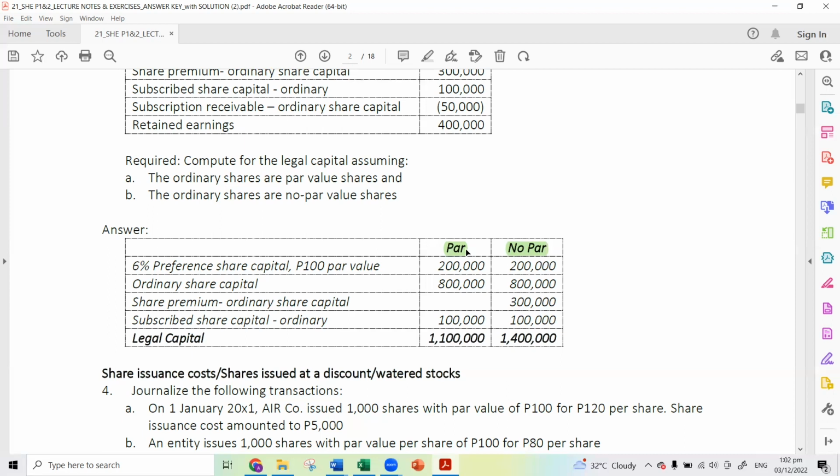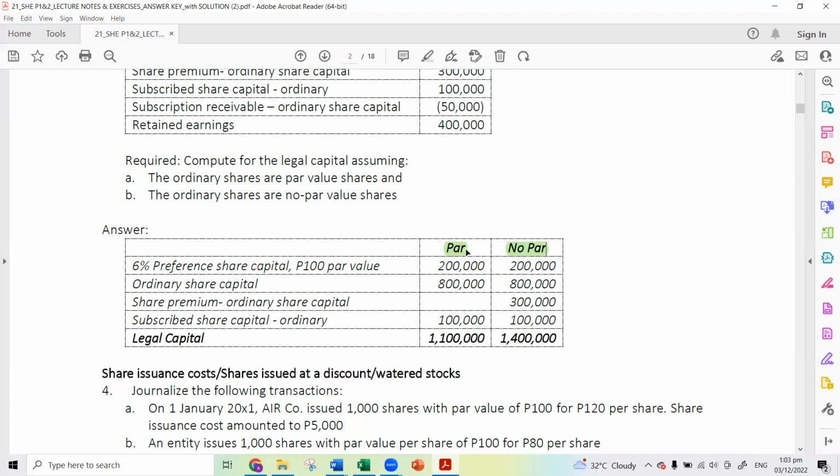So, the par value appears saan? Dun sa certificate, dun sa share certificate issued. So kung ang par value share is the one with the peso value fixed in the articles of incorporation, pag sinabi natin no par value share, this is the one without a peso value fixed in the articles of incorporation.